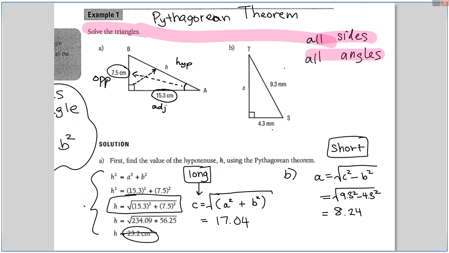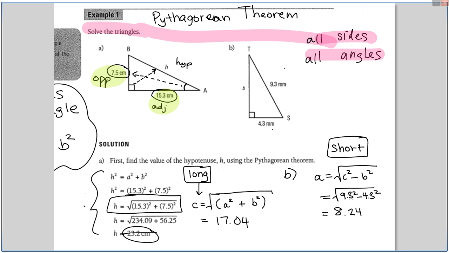Now depending on your calculator, this is super easy. So which formula does the op and the adj? Op and the adj. Which one? See how sine and cos use hypotenuse and tan does not? I don't know if you can see that with my thing in the way.